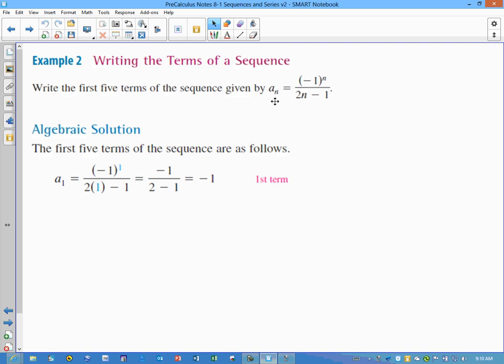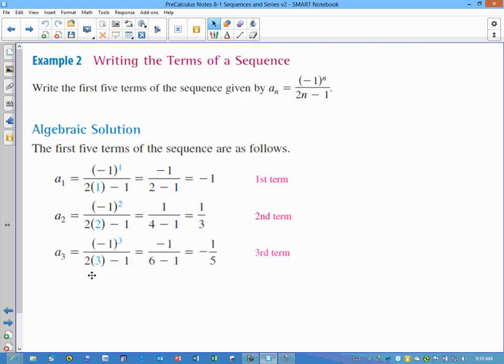And next we substitute n equals 2 in the same manner, clean it up a little algebraically, and we get 1/3 being our second term. Of course, for n equals 3, you have a sub 3 is going to be negative 1/5. That is our third term.